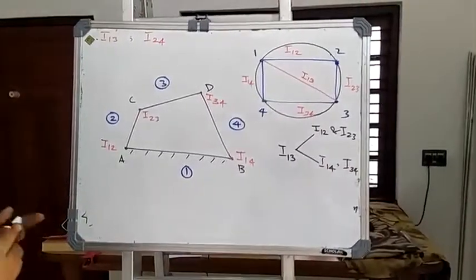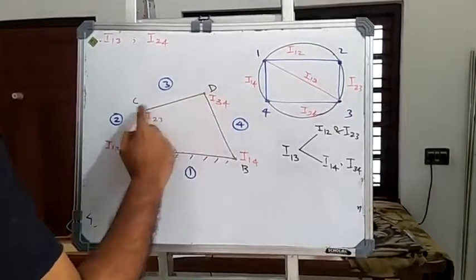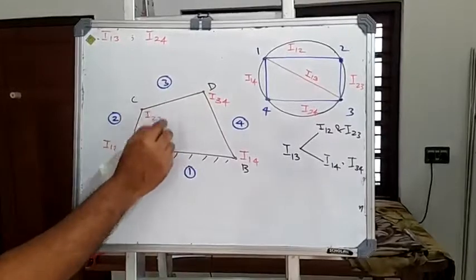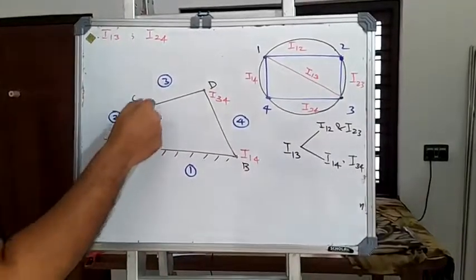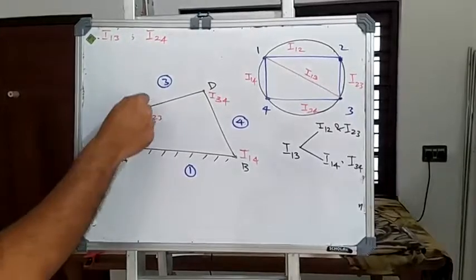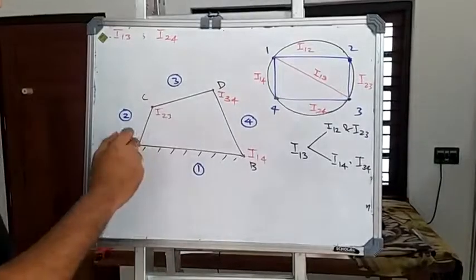Now, we already have I12 located here. We already have I23 located here. That means the I centers I23 and I12 are already joined using a straight line, which is the crank or the link itself. That means we have a straight line already here.